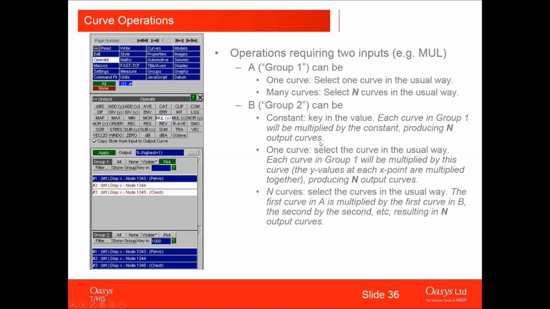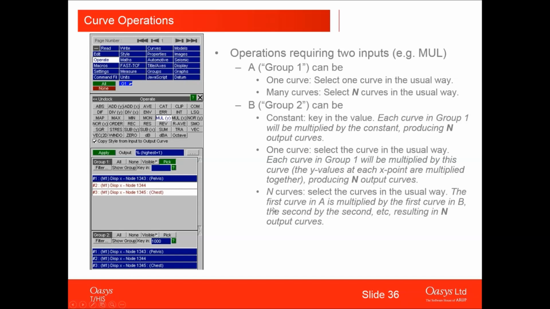Okay, the second group can either be a constant, where we can key in a value. So in this case, we're multiplying these two curves by 1,000, and we'll get two other curves. Or it could be one curve, in which case we'd be multiplying these two curves by one of these curves. So then again, we'd get two different curves.